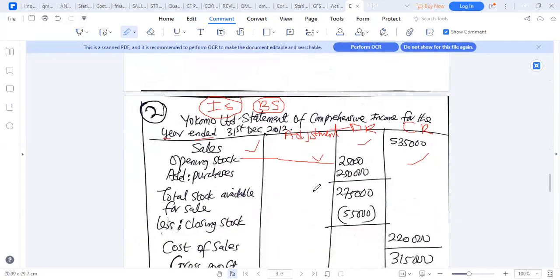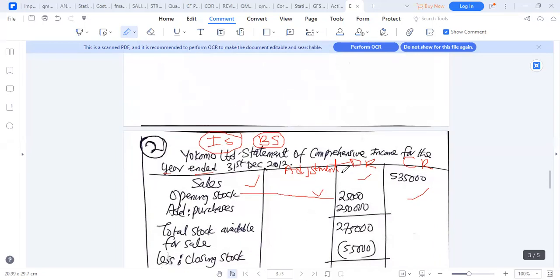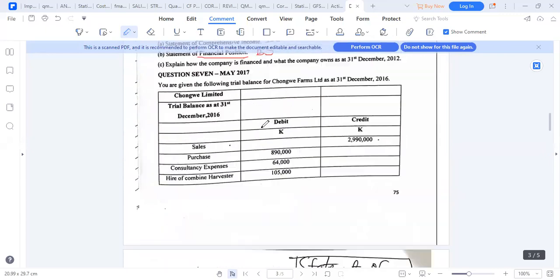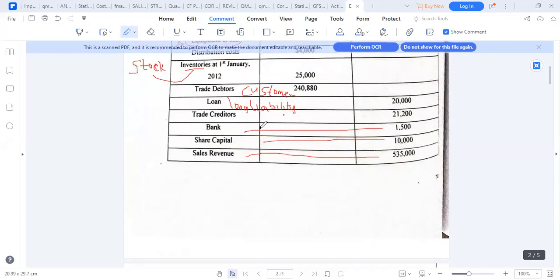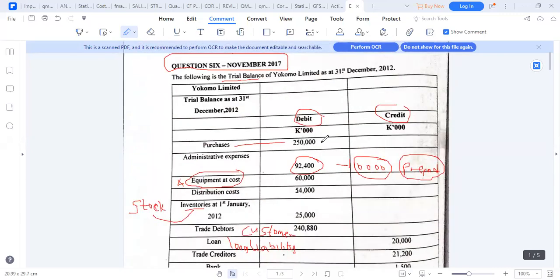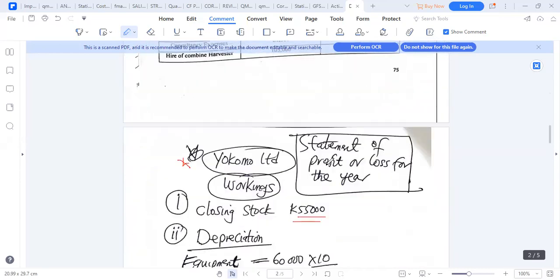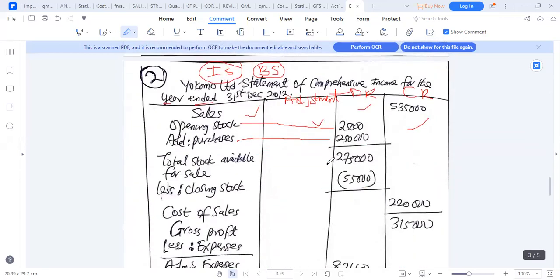Now, after you open with 25,000 stock, what did we do? We purchased some more stock, 250,000. We have to find it. Where is it? So we have to go and check. It says we have 250,000, which is here. We add what you opened with plus what you bought, which gives us the total stock available for sale.